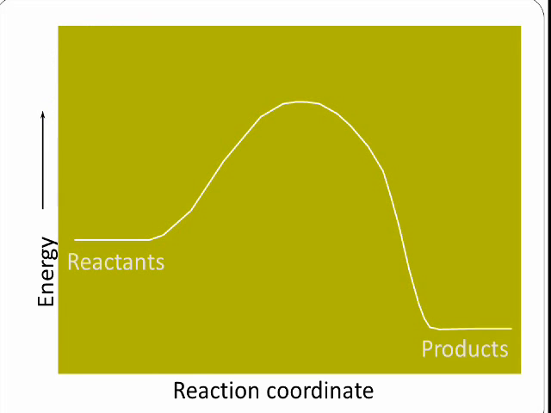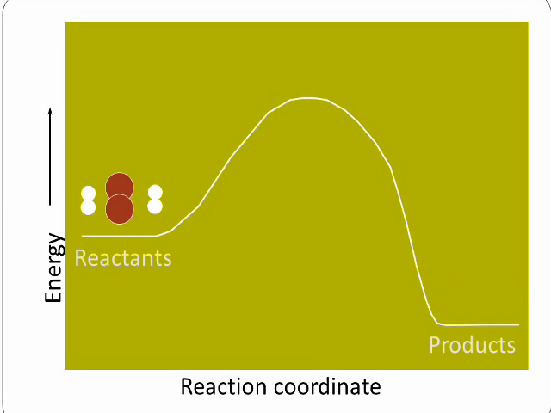So let's look at this. We have the energy coming here. These are the reactants. This is an awesome little diagram here. And here we go. And finally, there's enough energy to make the products. Now here are the reactants. They're just out here at a certain energy, just chillaxing, enjoying the view. And then somehow they're given a little bit of energy.